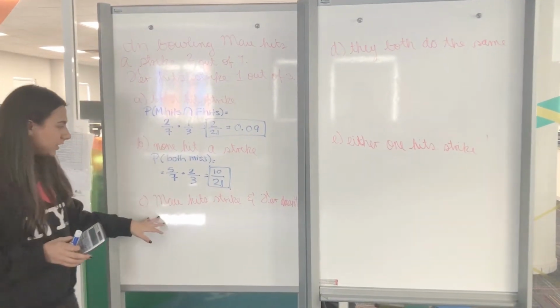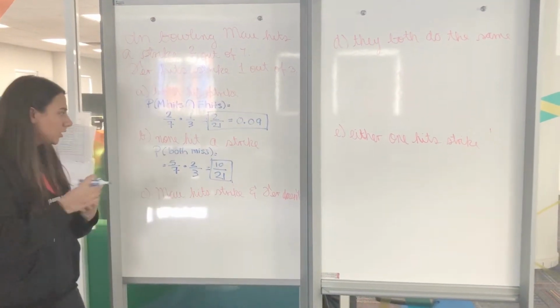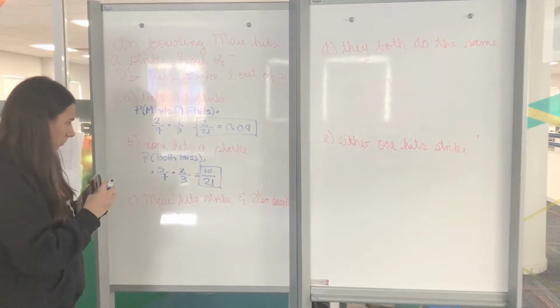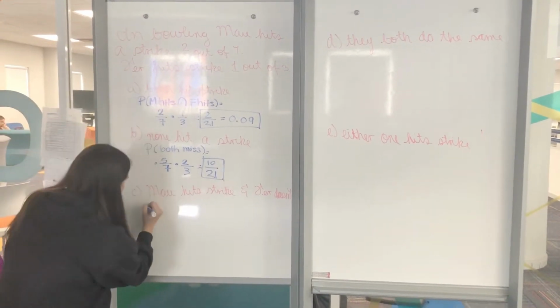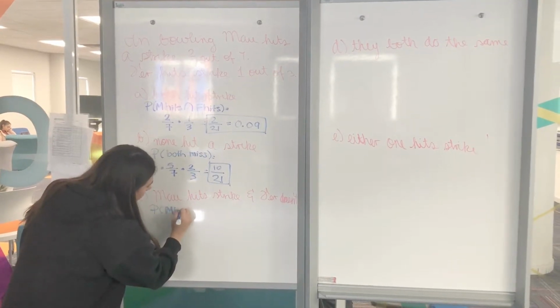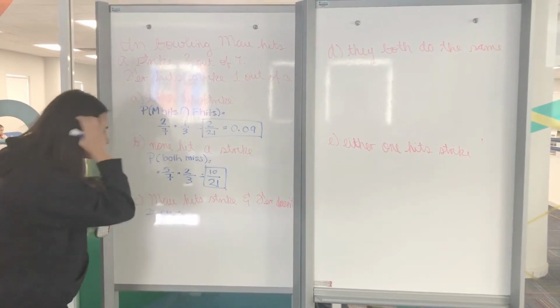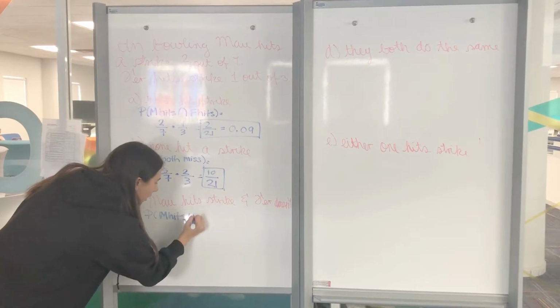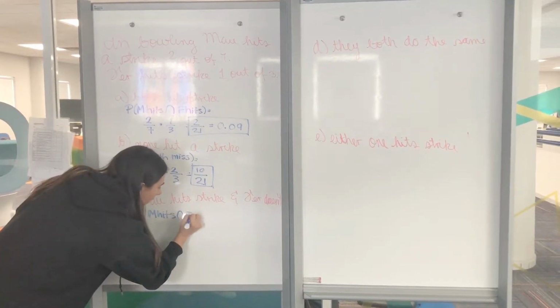So now letter C states that Mauricio hits and Fernanda doesn't. So what we're gonna do is put probability of Mauricio hits and Fernanda misses.